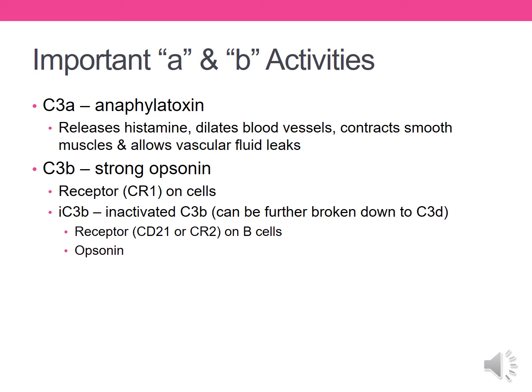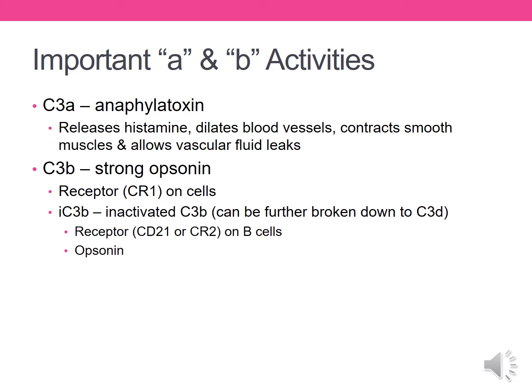It will diffuse away and help the inflammation process in other ways. It can help in the release of histamine. It can help with dilating the blood vessels and contracting smooth muscles, and this all in turn allows for vascular fluid leak, so increased fluid to the site of the response.